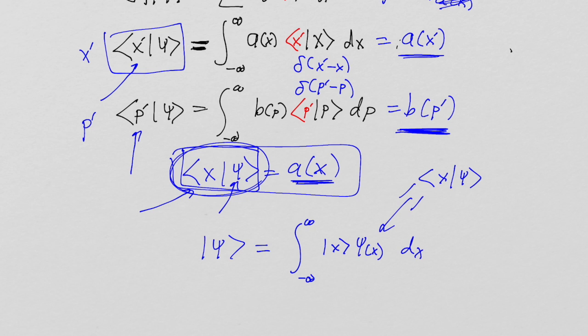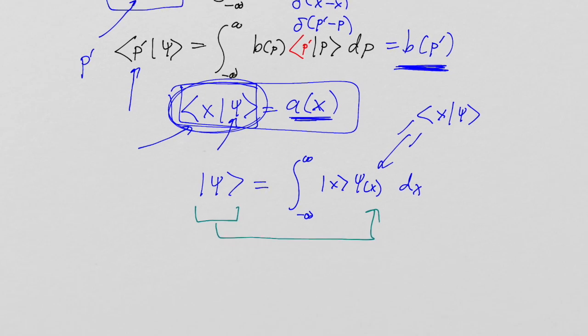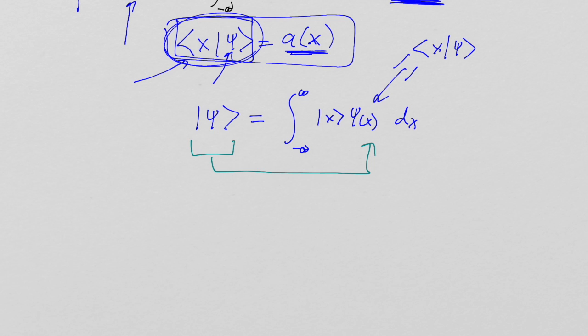And because of this, I can actually establish a one-to-one correspondence between state kets and wave functions. If I say I'm in the position representation, in wave mechanics, that means the wave functions are functions of x. So I write the wave function as a function of x.